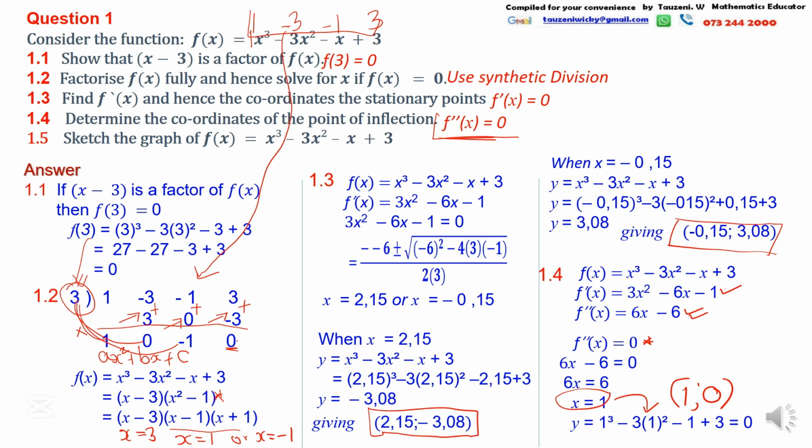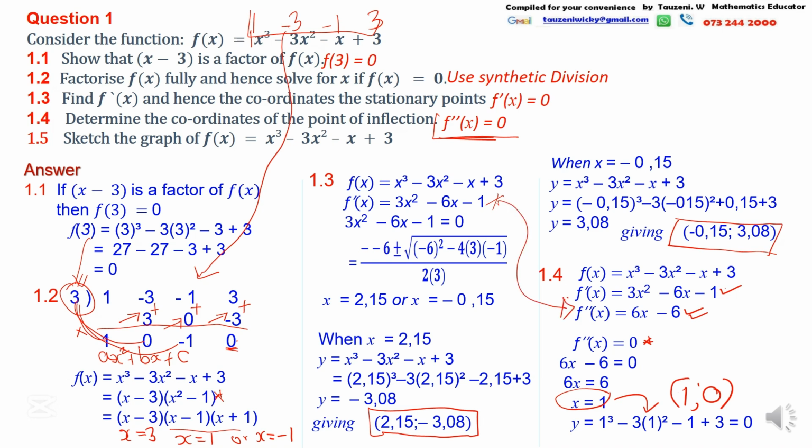Now, if you are in an exam situation, just to be fast, you can differentiate directly the second one, because we did the first derivative when we were calculating the coordinates of the turning points in number 1.3. So you can take your derivative from 1.3 and differentiate it the second time to get the second derivative.